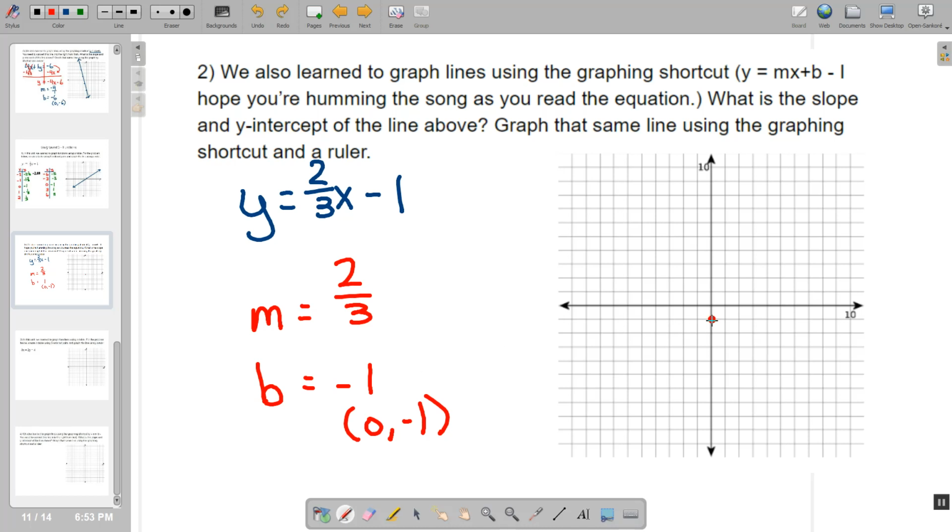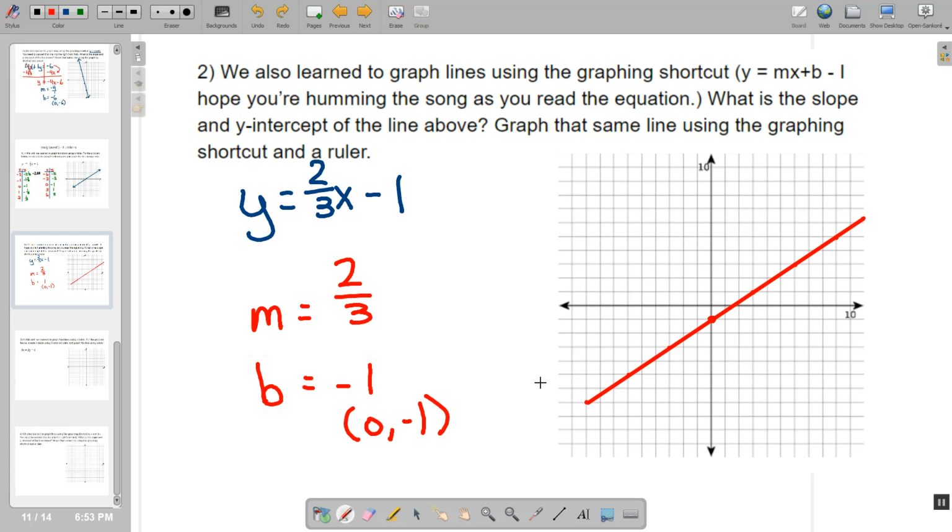So I graphed my first point, and I'm going to rise 2 and run 3. And I can do that as many times as I want. Or I could go back down 2 and back 3 as many times as I want as well. Both ways should give me the same line.